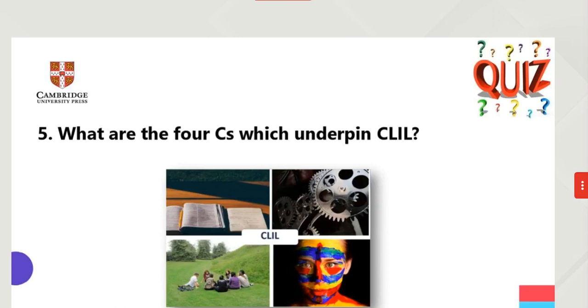Content, yes, as one. Communication. Content, culture. Okay, we've got collaboration, creativity, which are skills definitely included in CLIL lessons. Oh, going so quickly, it's very difficult for me to read. So content, yes, I think you've got them all.